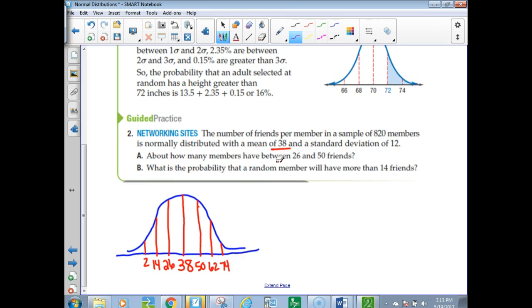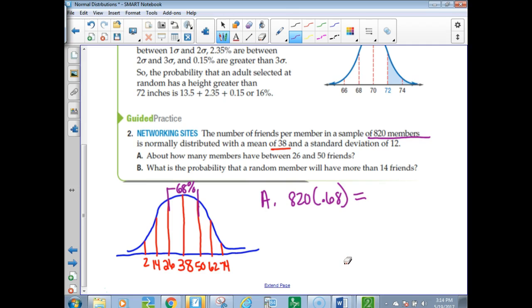About how many members have between 26 and 50 friends? Okay, now 26 to 50 is 1 standard deviation, which would be 68%. So for part A, we want to know how many of the people. There are 820 members, so we would do 820 times 0.68.